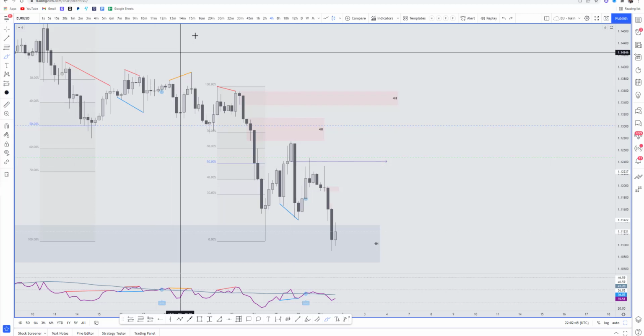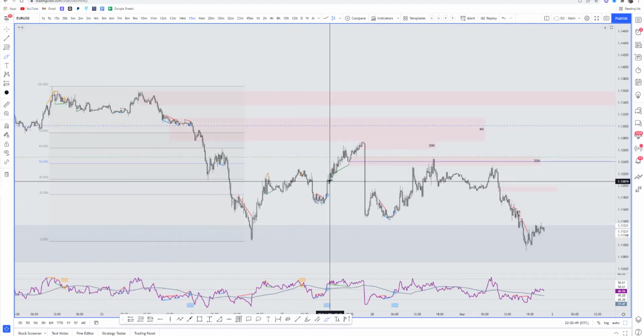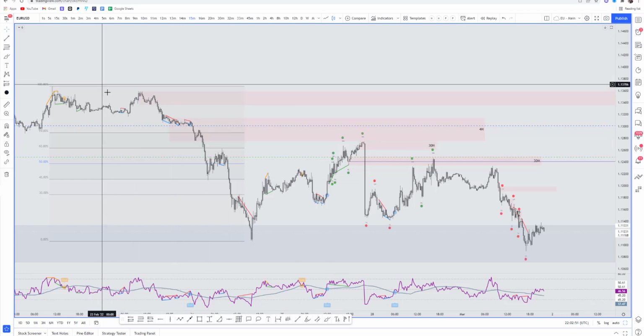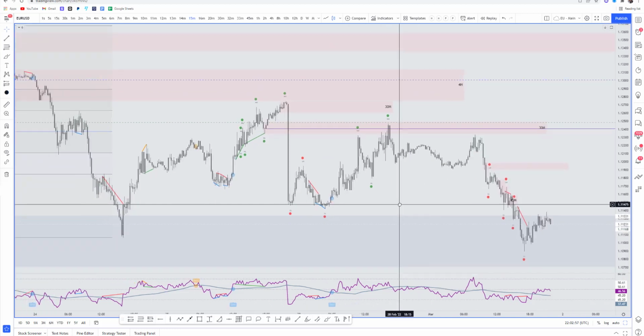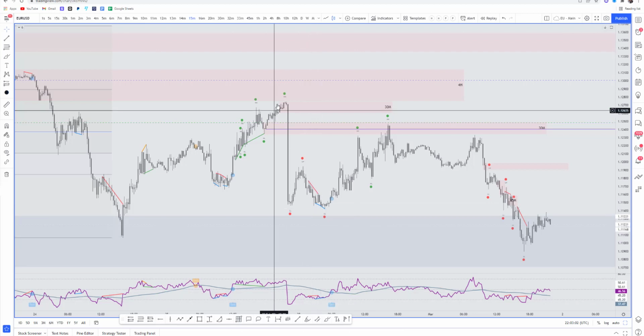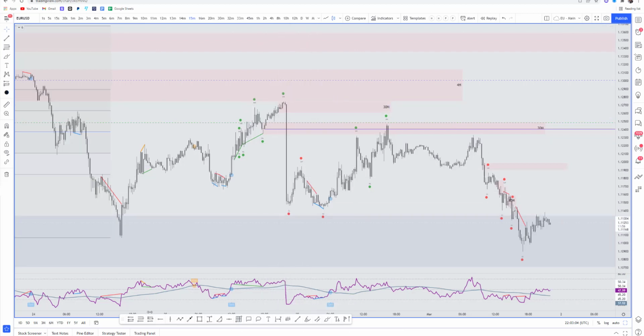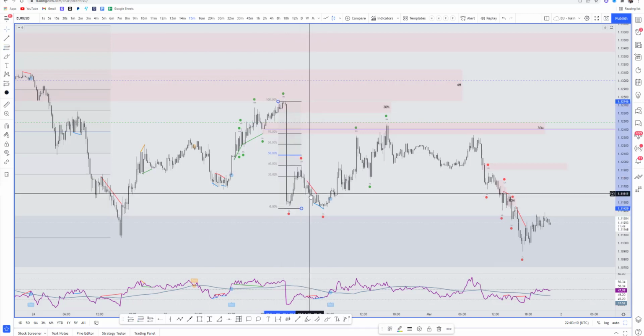Now, on the flip side of things, I'm just going to go to 15-minute. We have this impulse. If we just decided not to use this, but we decided to just use this latest impulse, which is what I was actually using yesterday, yesterday we had this impulse down.